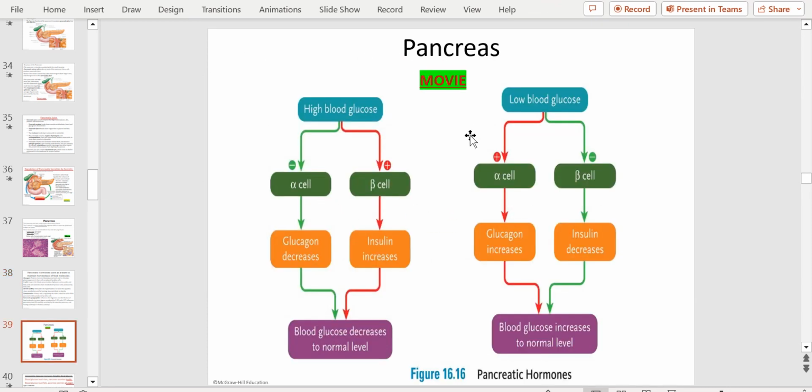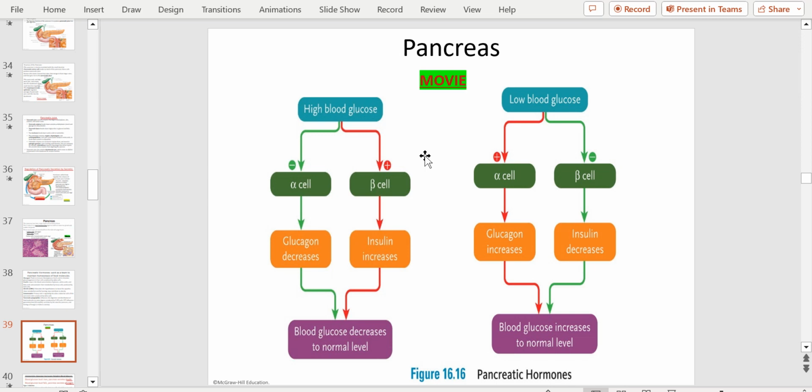Good movie there on the pancreas. The whole idea of being able to raise and lower your own blood sugar. There are a lot of people who can't. You've got type 1 diabetes, which is genetic, generally diagnosed in younger individuals. They can't produce insulin, so they need the shot every day.